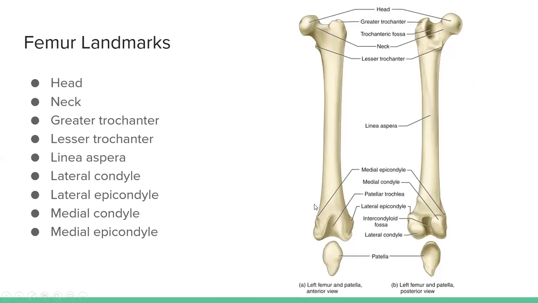And the medial condyle is that notch on the opposite side on the posterior side. And then the lateral epicondyle is the ridged area on the anterior view. And then the lateral condyle is that notch on the opposite side there.